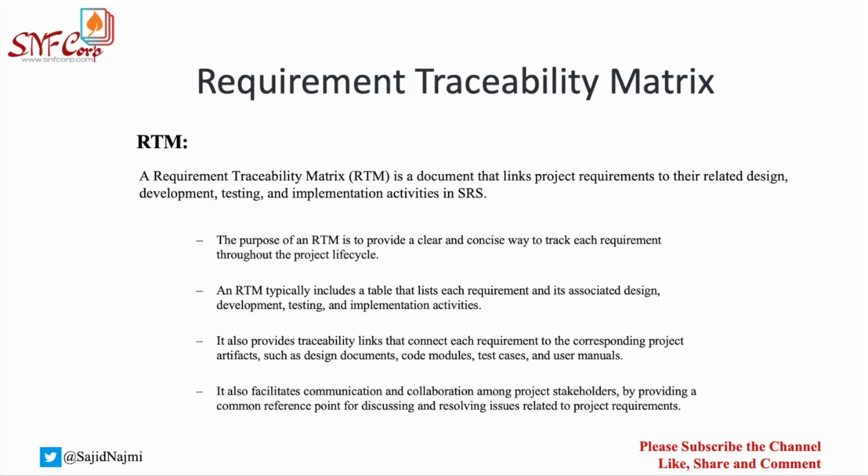So there are two different documents, and these two documents are interlinked with each other. If you are in your Excel and you see one of the requirements, you can easily go back to the SRS, that particular section specifically, and see what change you are making there with respect to design, development, testing, or anything there. This will be easy for you.